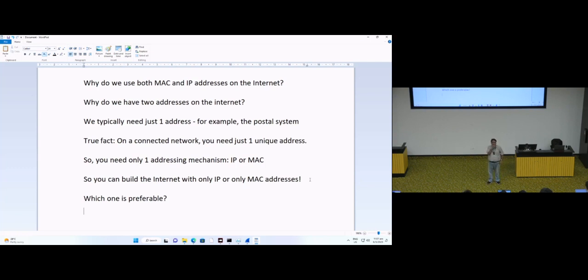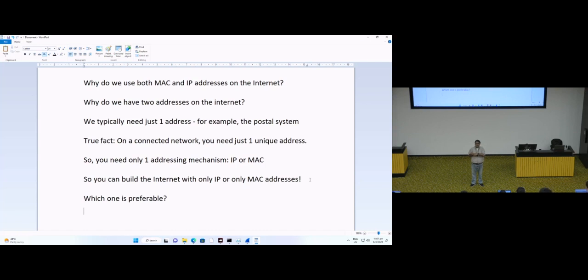IPv4 is a 32-bit address, which means there are 4 billion IP addresses. 2 to the 32 is about 4 billion. MAC addresses are 48 bits, so there's 2 to the 48, which is a lot more. So that sounds like an argument for using MAC addresses to build the internet.